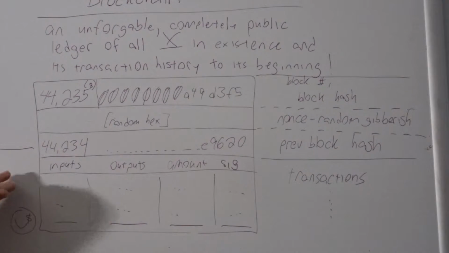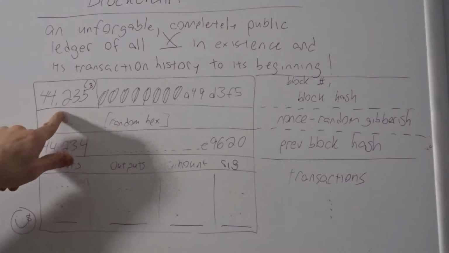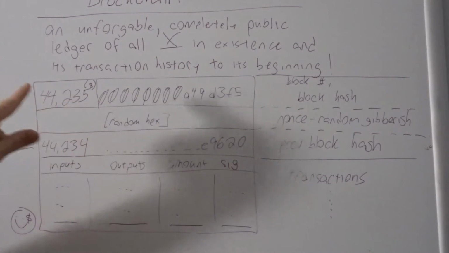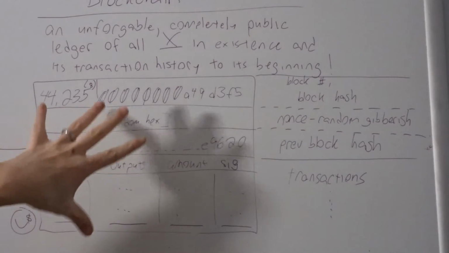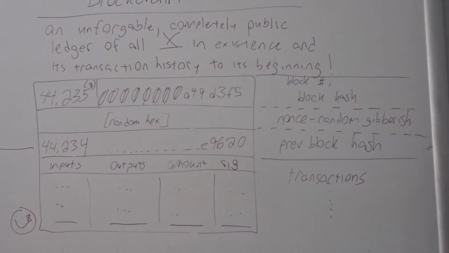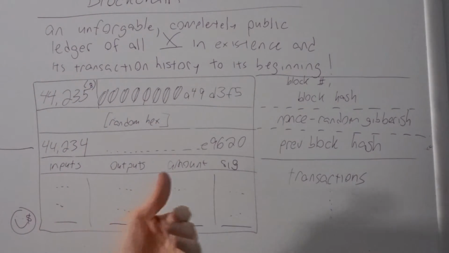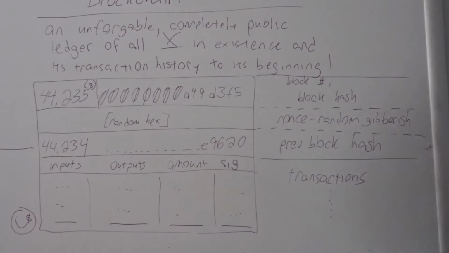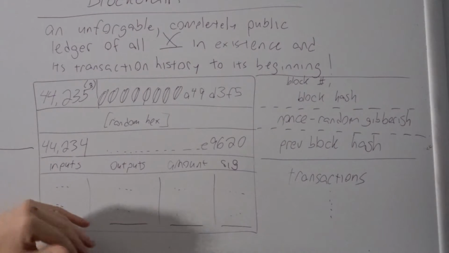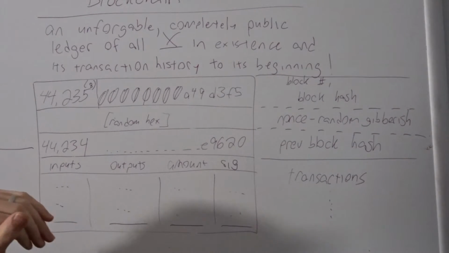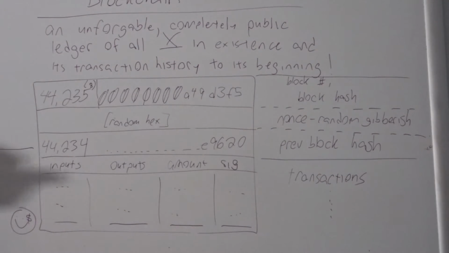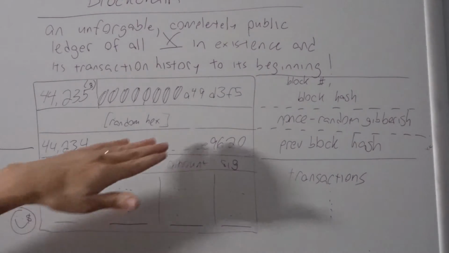Eventually, more blocks, such as 44,236, 37, 38, will be built incorporating this data. And the more blocks build on top of this data, the more certain you can be that this is not going to ever go away as part of the historical blockchain.